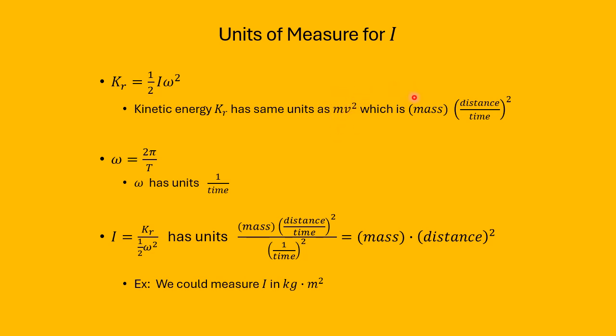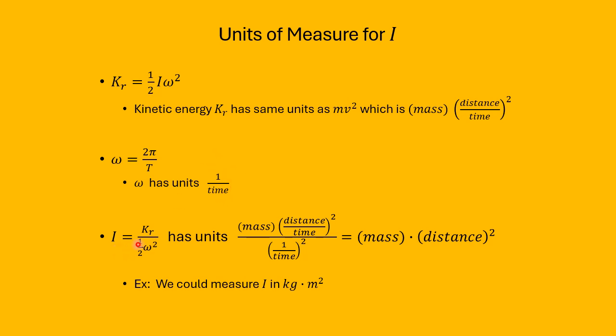And so that would be mass, and then velocity is distance divided by time. And since we have a square here, we have a square here. So if we have omega equal to 2 pi over T, where T is time, then omega has units 1 over time.